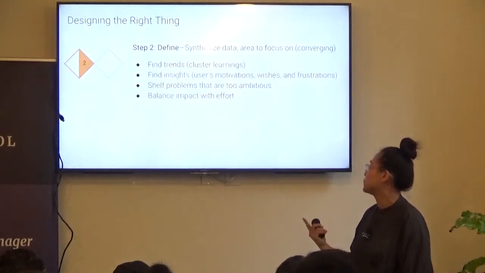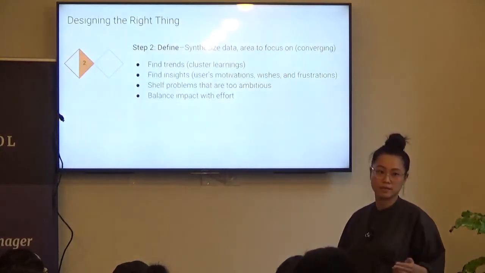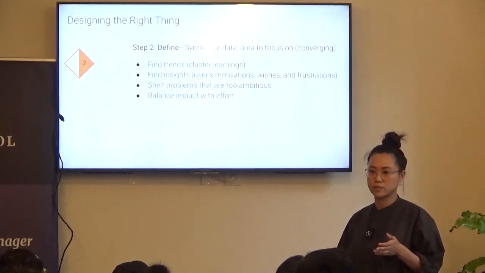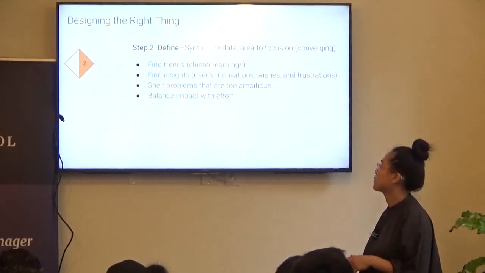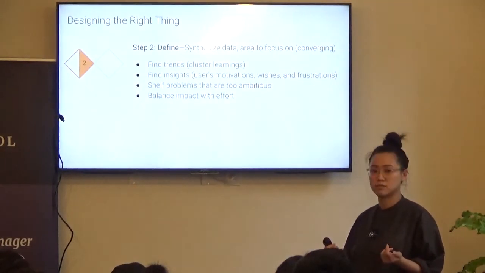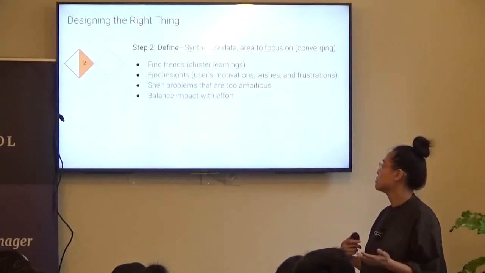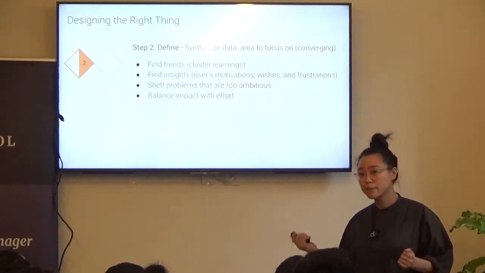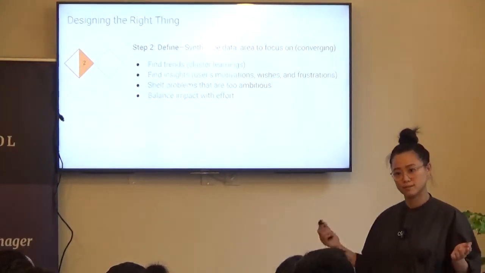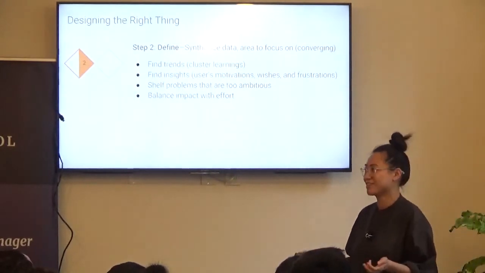And then the next step would be, once you have all your data, you synthesize and figure out what the problem really is, and then make sure that you shelve problems that are too ambitious. Sometimes people are like, well, maybe we can use machine learning to solve this problem, and it's like, no, because that takes a year or something like that.